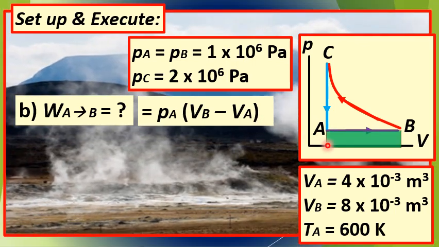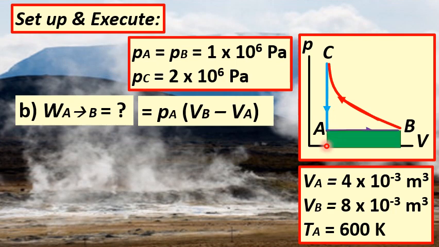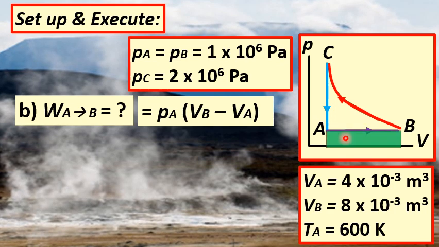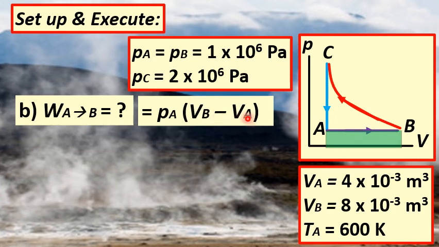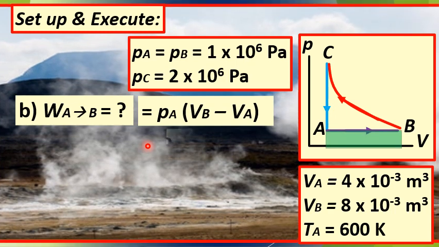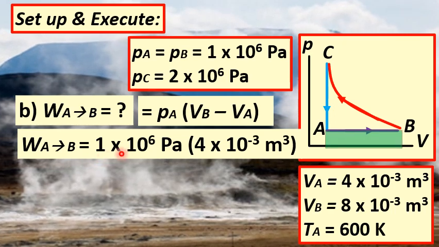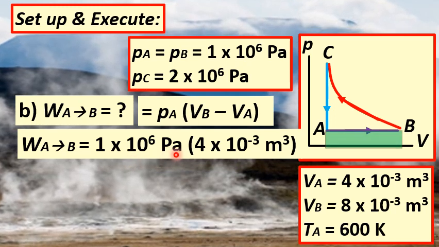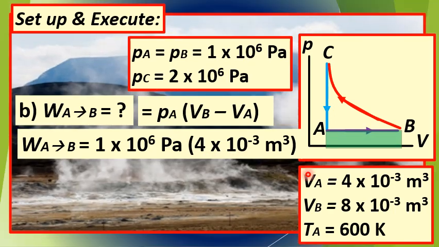So when we get that difference in the pressure, it's just actually P sub A minus 0, or simply P sub A. But the length of this rectangle is represented by the change in the volume, V sub B minus V sub A. So, plugging in the quantities into this formula, we will have the work done by the gas equal to 1 times 10 to the 6 Pascal, which is the constant pressure P sub A, to be multiplied by the change in the volume.